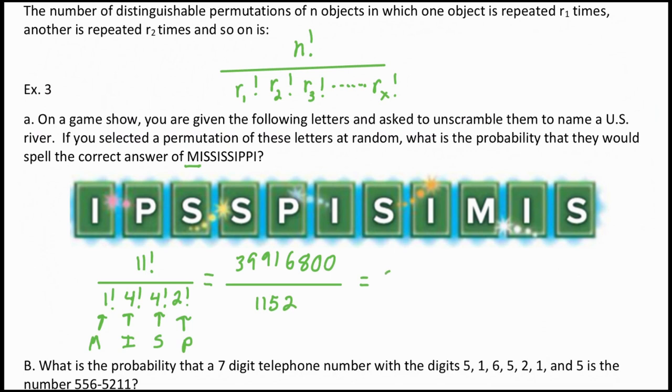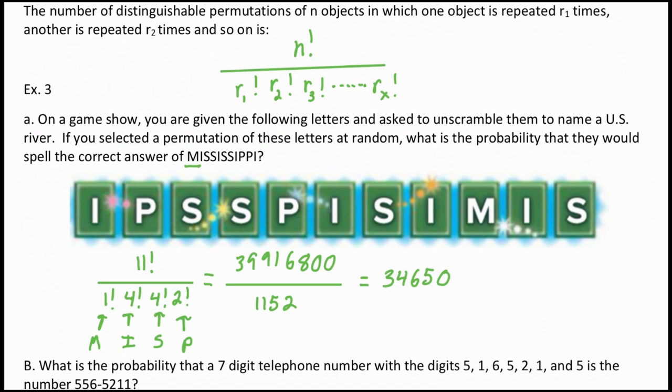Okay, so we should get 34,650. So these are all the possible outcomes, right? Do we understand that? Okay.